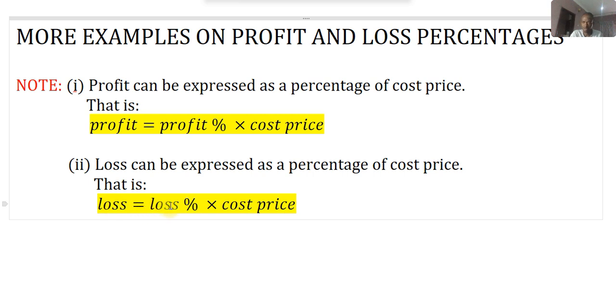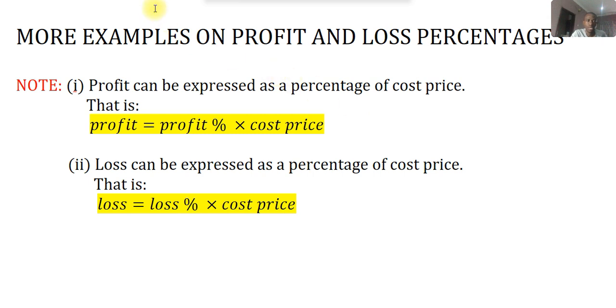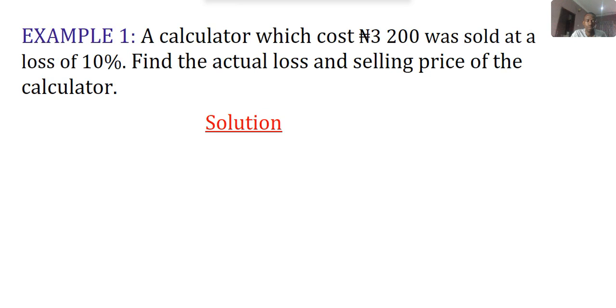To calculate the loss, having been given the loss percentage in the question and the cost price, you just multiply the loss percentage and the cost price so that you can get the actual loss. And as we go in the question, many other things will be discussed. So let's consider an example.